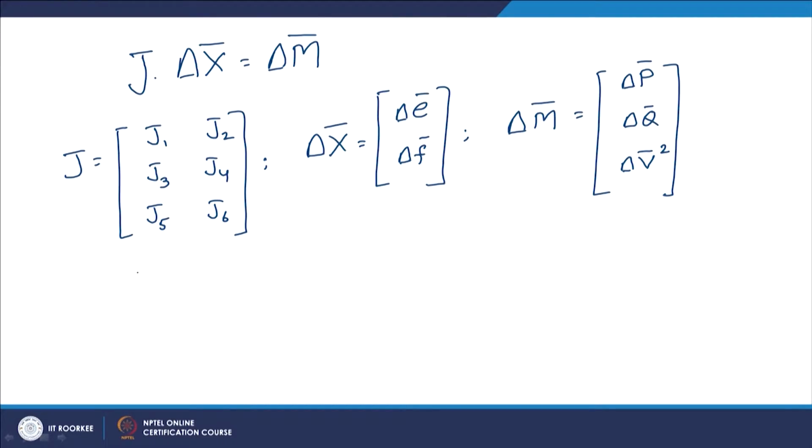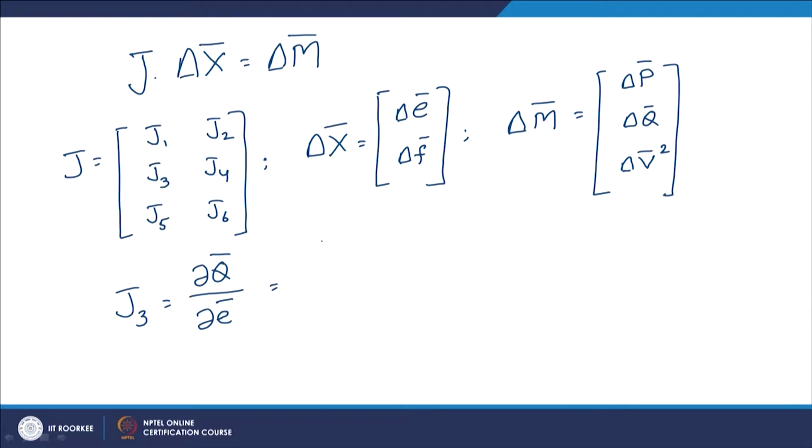So, today initially we would be doing that. Now, matrix J3 is essentially del Q by del E, because from here we can see that matrix J3 is actually connecting delta Q vector with the delta E vector.